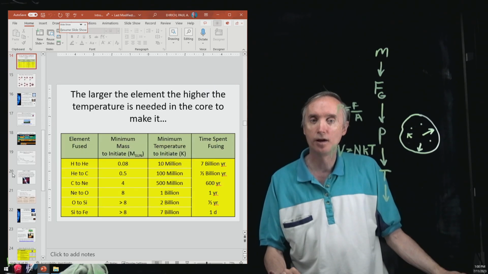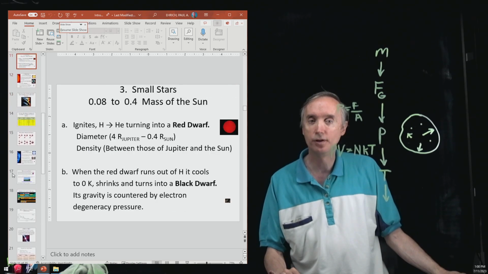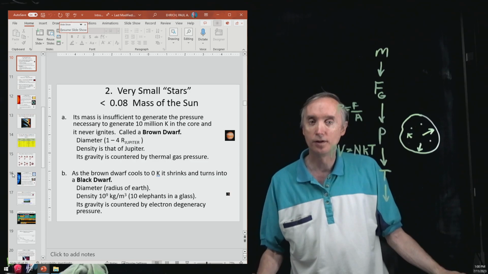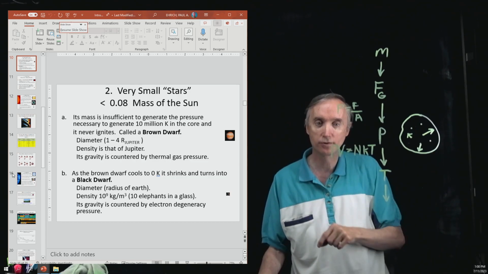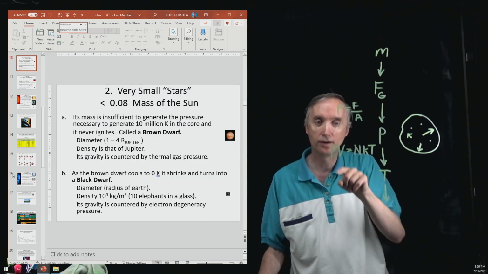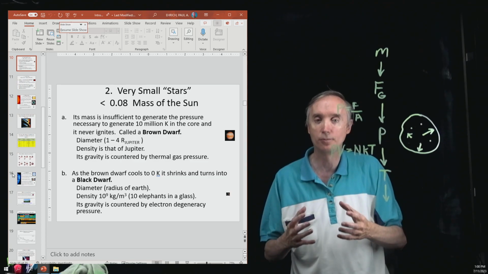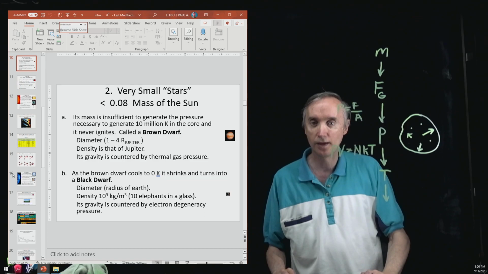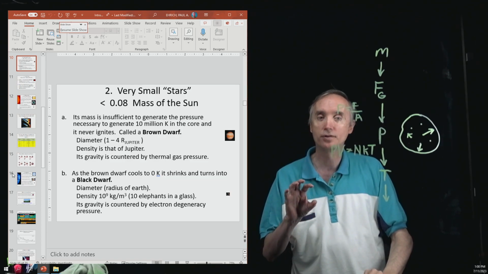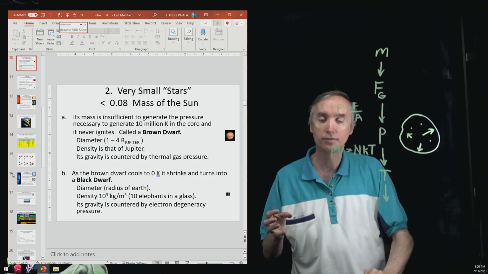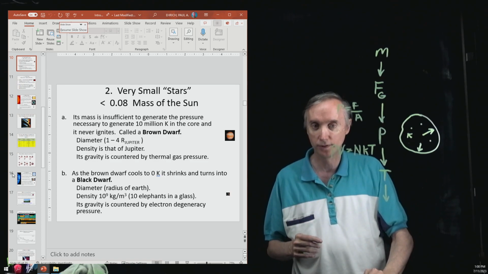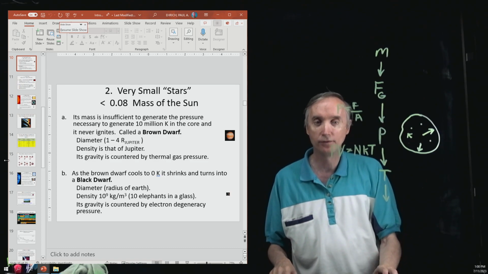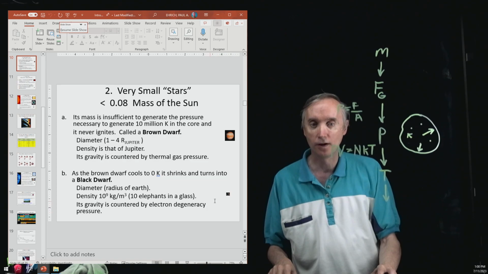Now, one other thing I did want to show you here was the picture of Jupiter, and then underneath it is this hypothetical picture of what a black dwarf would look like. And it's going to be about 1/10 the size of Jupiter. Now, I really did not have a good picture of what a black dwarf would look like.